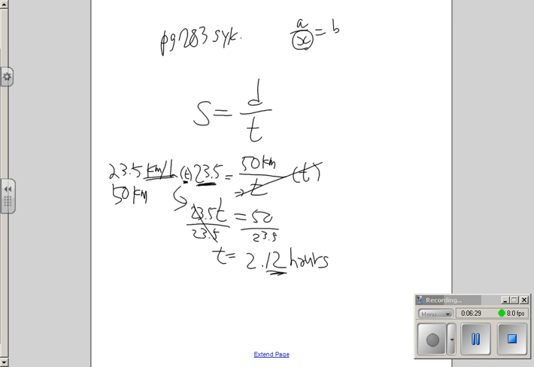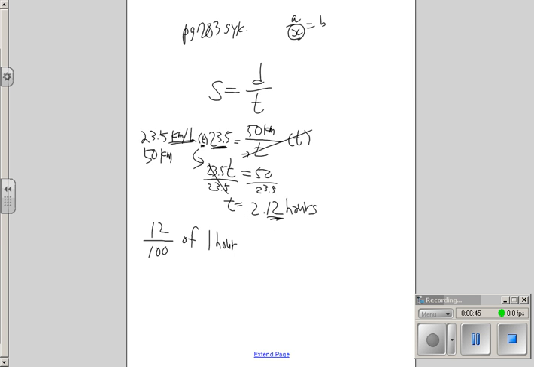Now, this is interesting here. 12 hundredths of an hour, that's the decimal .12 of 1 hour. If you wanted to be a little bit more precise, you could do this: what is 12 hundredths of 60 minutes? Really, what I have here is a multiplication of two fractions. I can multiply 60 by 12, which is 720, divided by 100.